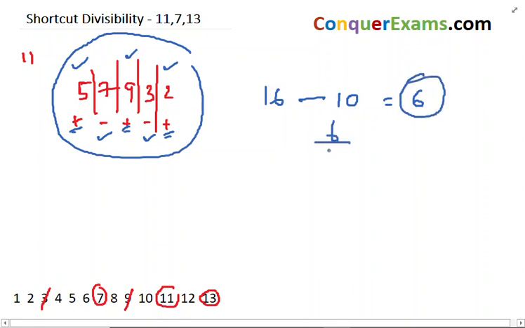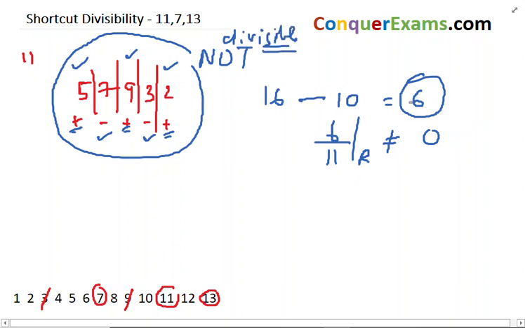But because 6 is not divisible by 11, because the remainder is not equal to 0, this number is also not divisible by 11. That's the answer to the question, is it divisible or not, and the remainder you get here is the same remainder you get if you divide the number by 11, which is 6.